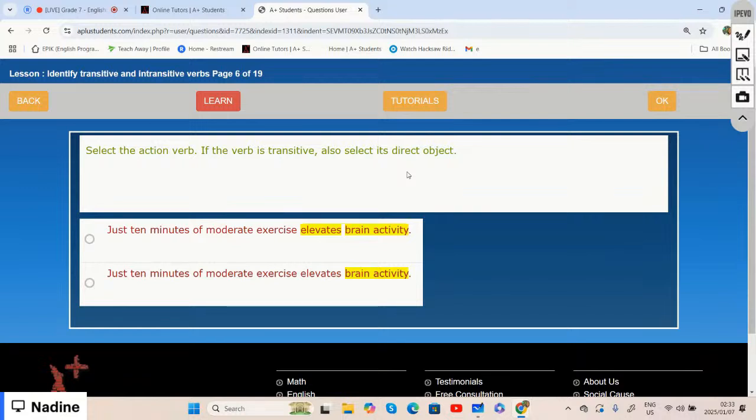All right, the next one says we need to select the action verb, and if the verb is transitive, then we also need to select the direct object. It says just 10 minutes of moderate exercise elevates brain activity. So if we were to select the transitive verb, is it option one, elevates brain activity, or option two, brain activities?